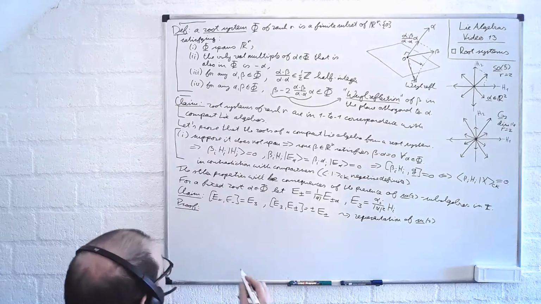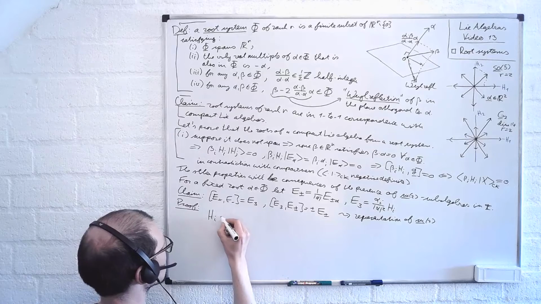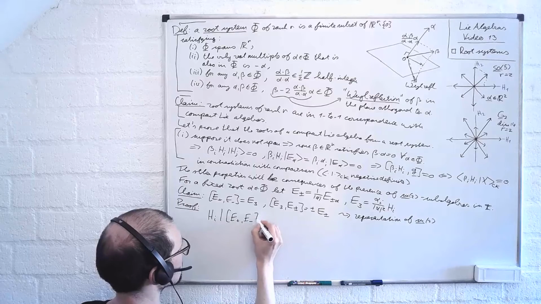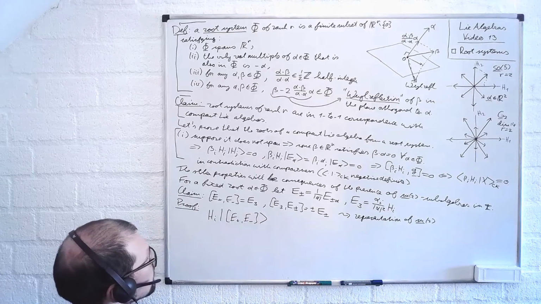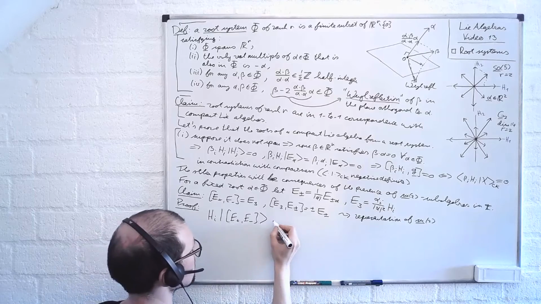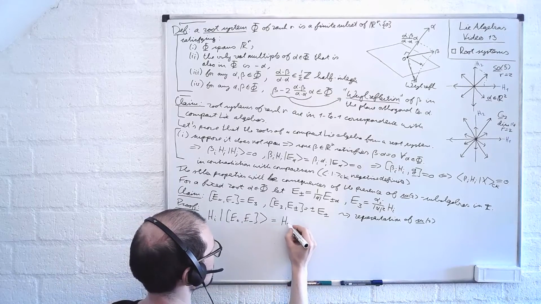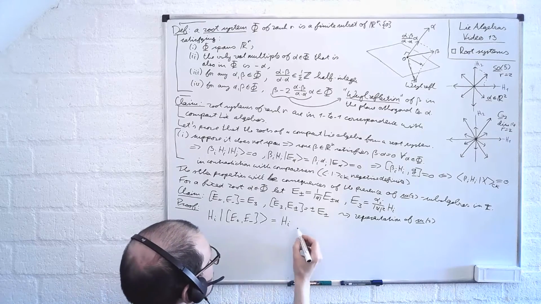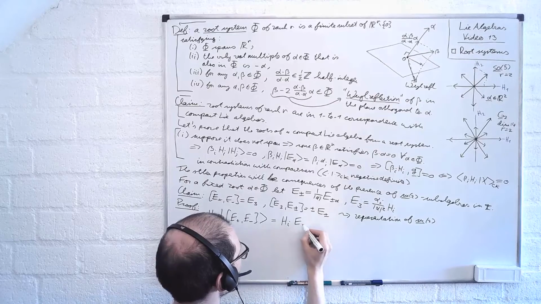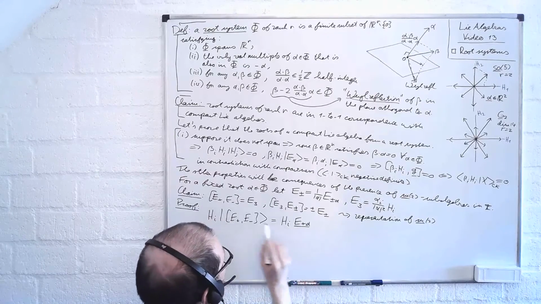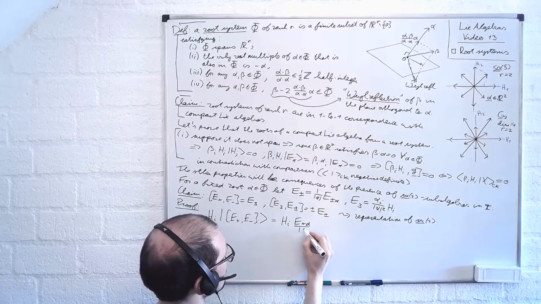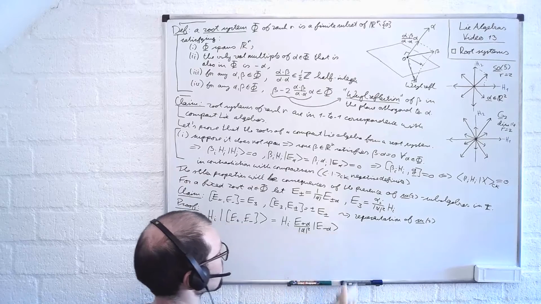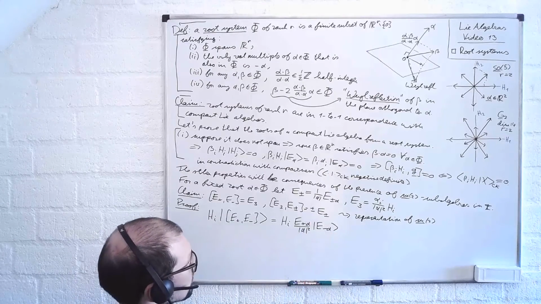So the first thing we notice is that if we look at the commutator of E plus and E minus, then this is by definition 1 over alpha squared, E plus alpha E minus alpha commutator, because of normalization.